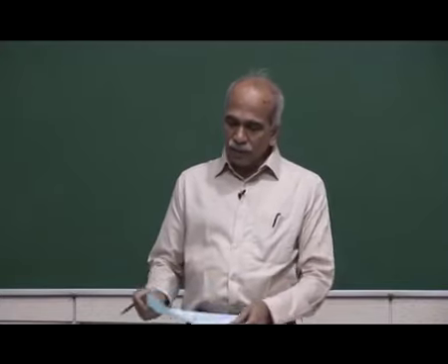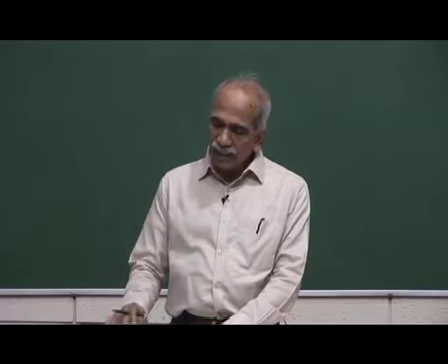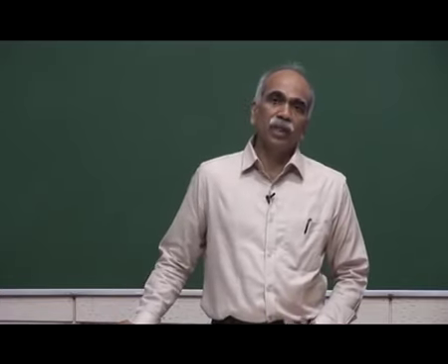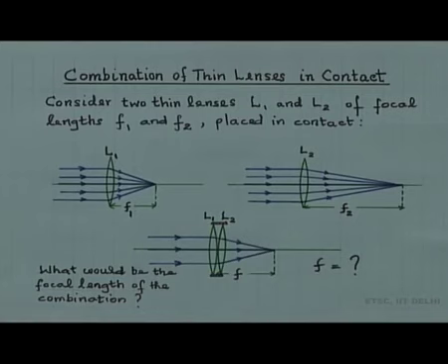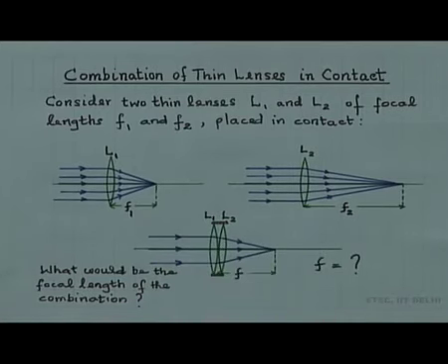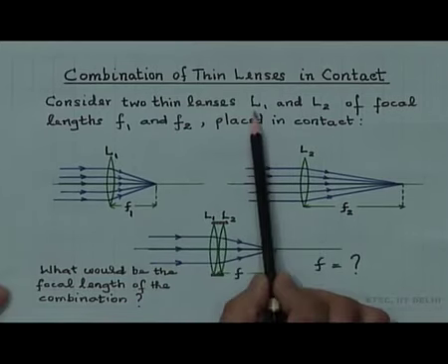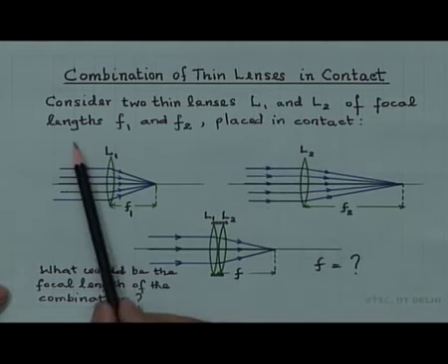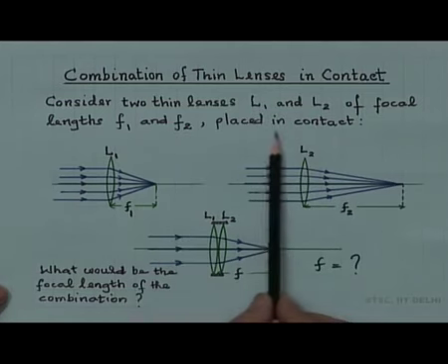Right. So, let us now move on to the next topic, which is combination of thin lenses in contact. Consider two thin lenses L1 and L2 here, of focal lengths F1 and F2 placed in contact.